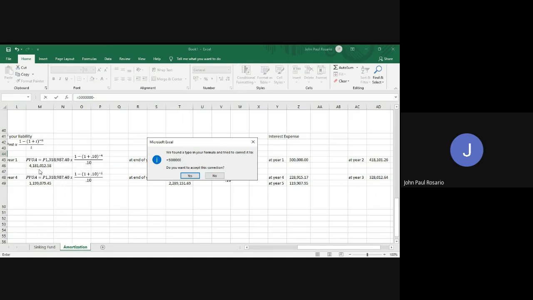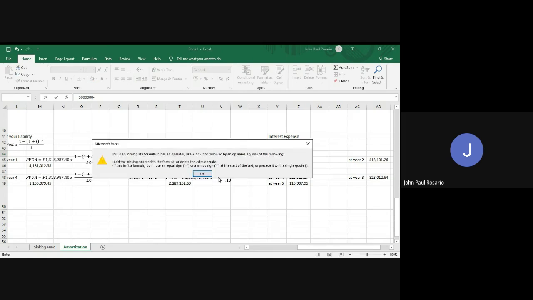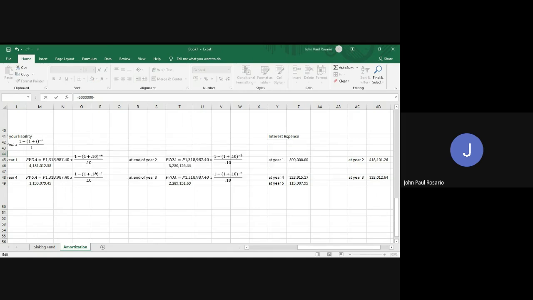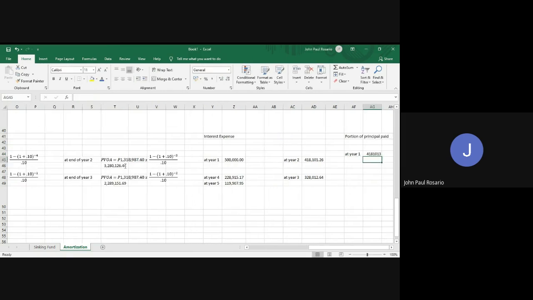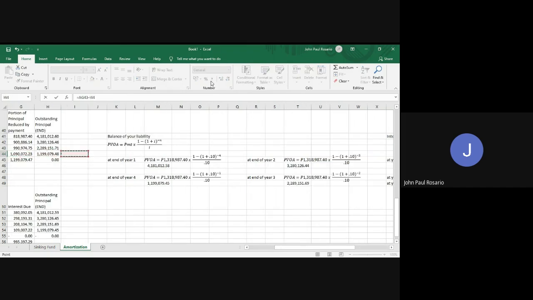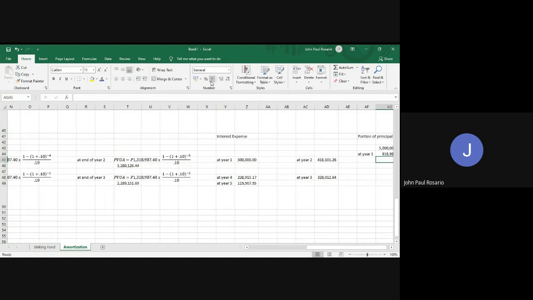So that's minus our present value at the end of year 1, and this 5, let's just input here 5 million. Okay, so at year 1, 5 million, you deduct from it the present value that you have gotten at the end of year 1.